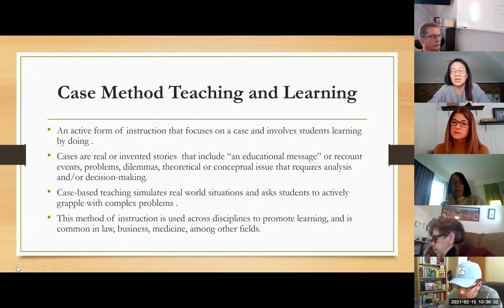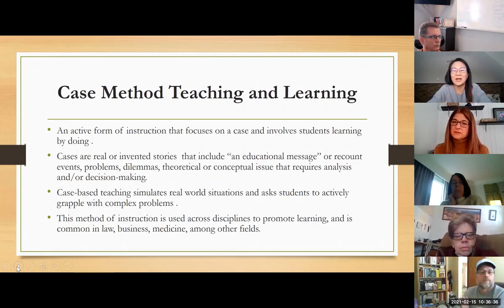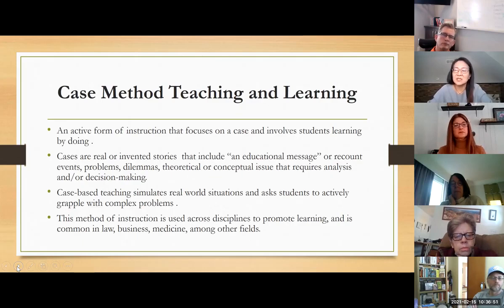A lot of times the stories or the cases include some kind of problems, dilemmas, and issues that require students to put their knowledge in, analyzing the case and make a decision. So it's very popular not only in the business field, but also across many other disciplines too.